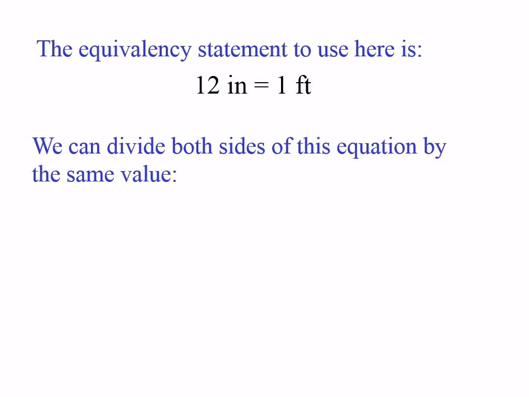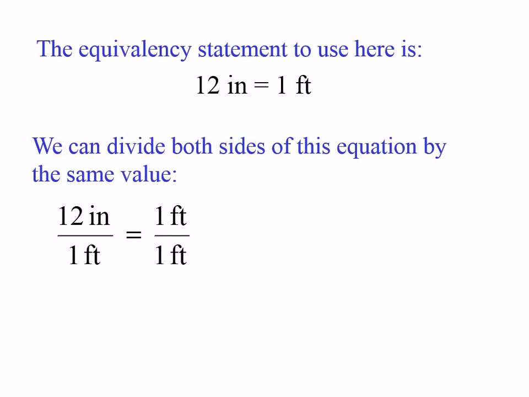One of the things about equalities like this is if we do the same mathematical operation on both sides, that's legitimate. So let's divide both sides by 1 foot. So I have 12 inches over 1 foot is equal to 1 foot over 1 foot. And what's 1 foot over 1 foot? It's just 1. Exactly.